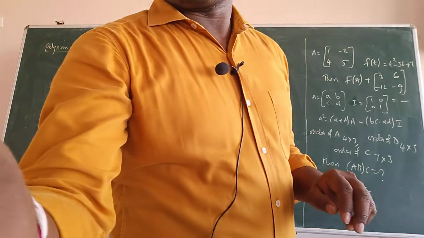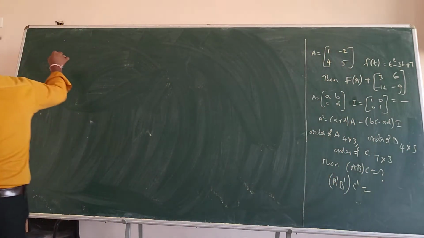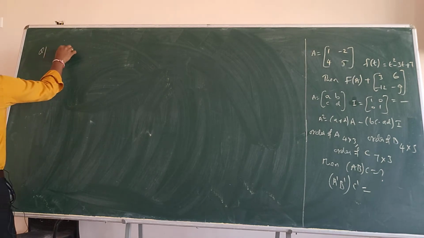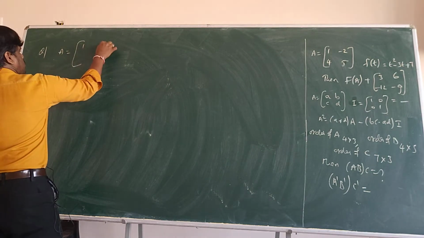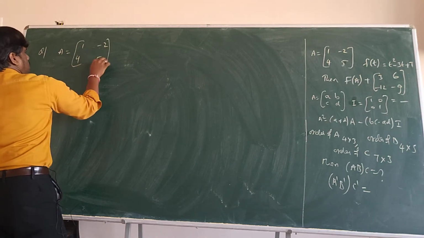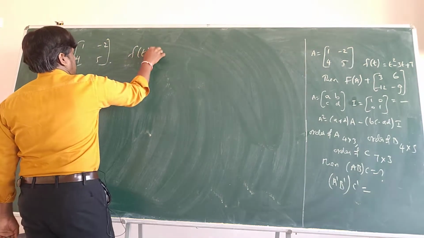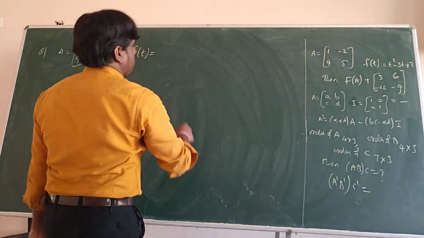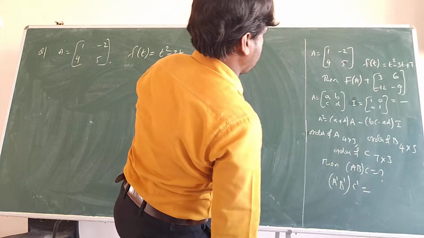See the question here. A is given as the matrix 1, minus 2, 4, 5. F of t is given as t square minus 3t plus 7.